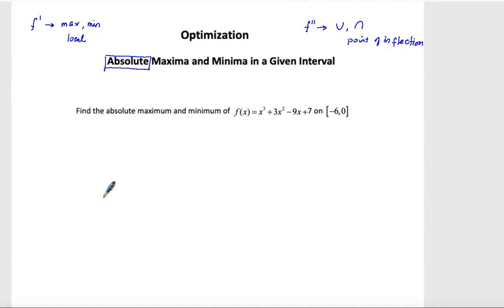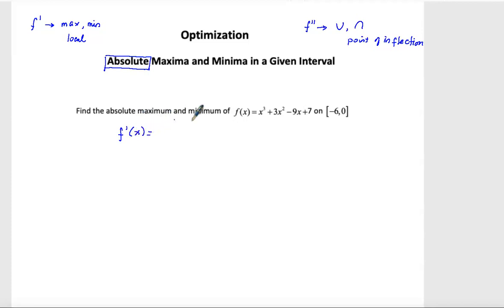Find the absolute maximum and minimum of the function f of x equals x cubed plus 3x squared minus 9x plus 7 on the interval from -6 to 0. So we're finding the maximum and the minimum, which means that we have to find the first derivative.